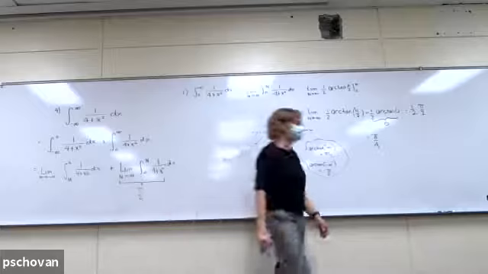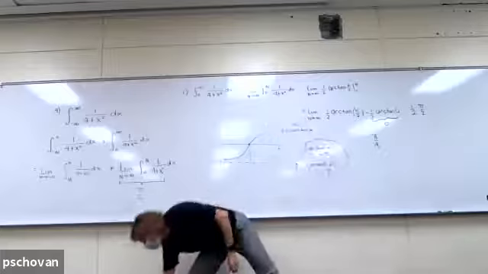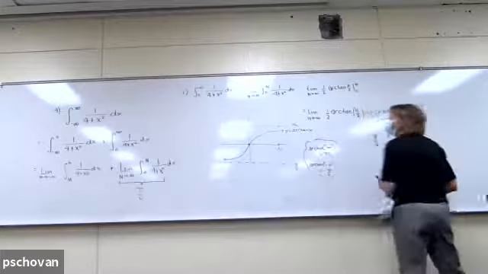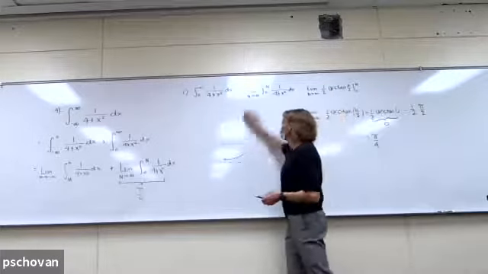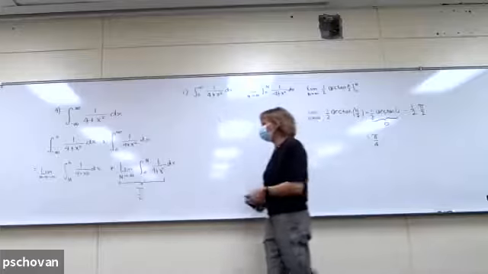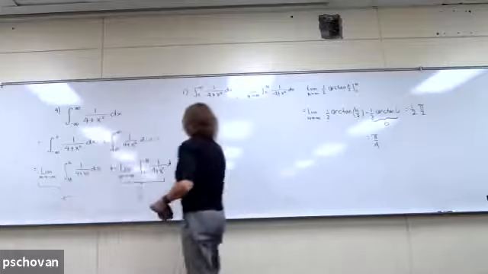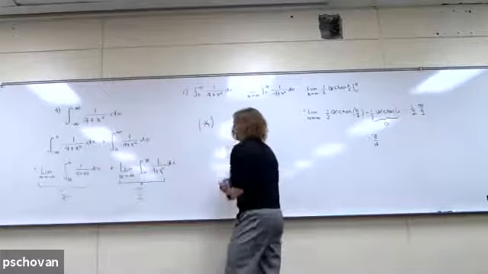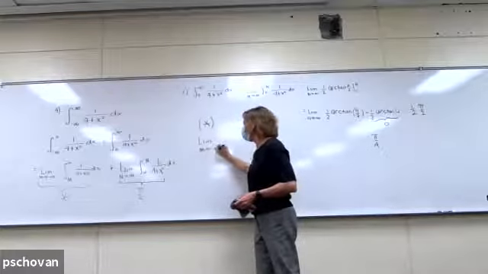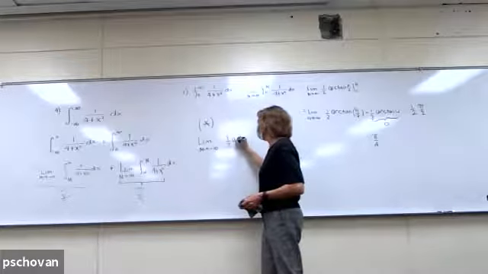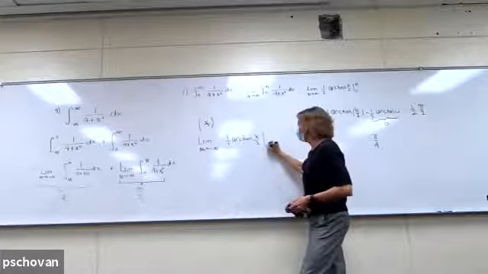So let's do those steps over there. So we'll call that star. We'll do star's calculation right here. We get the limit as M goes to minus infinity of 1 over 2, the arctangent of x over 2, evaluated from M to 0.